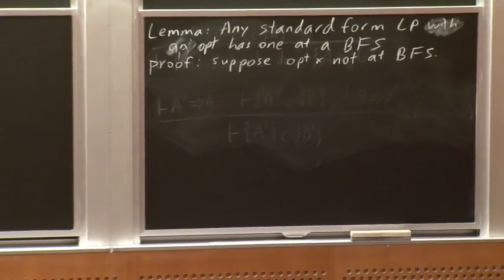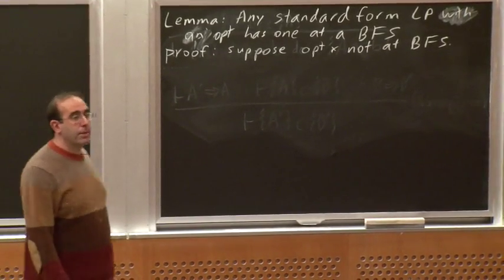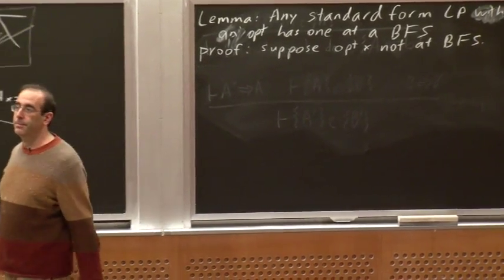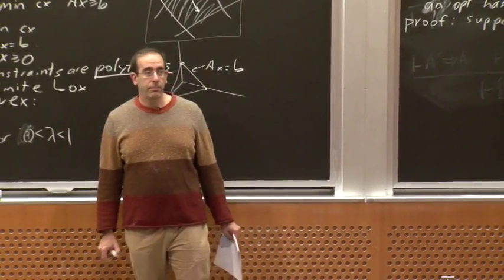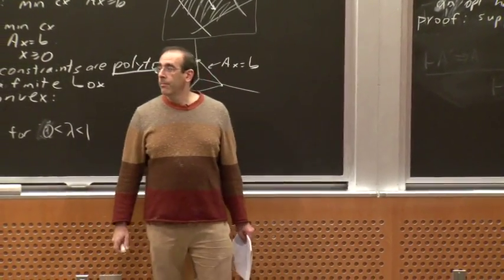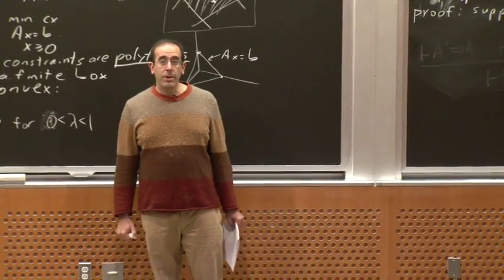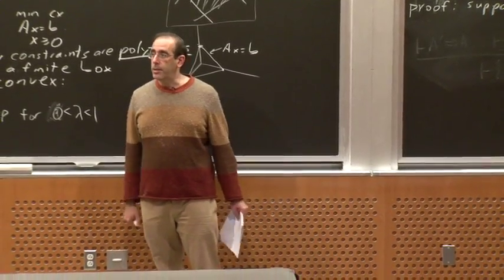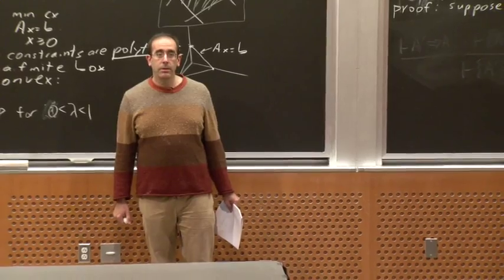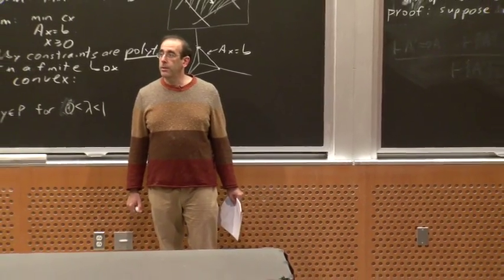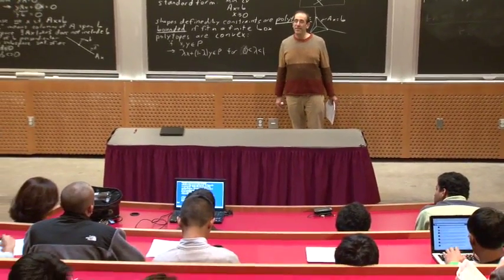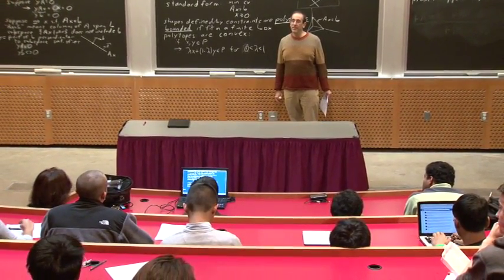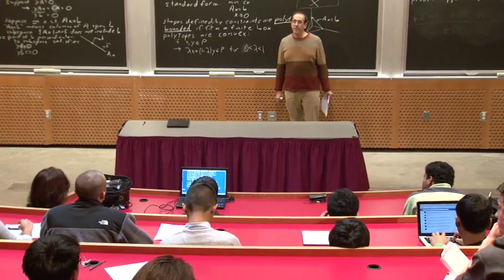So what does it mean that x is not a basic feasible solution? Well, just working from the definition, what does that tell us? The dimension of the span of the tight constraints it satisfies is less than n.